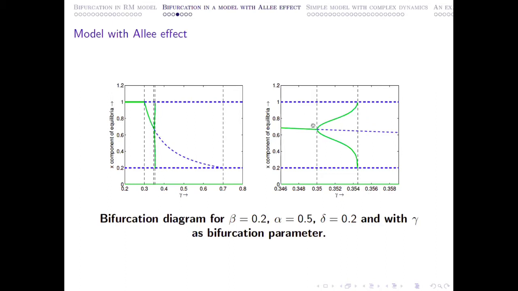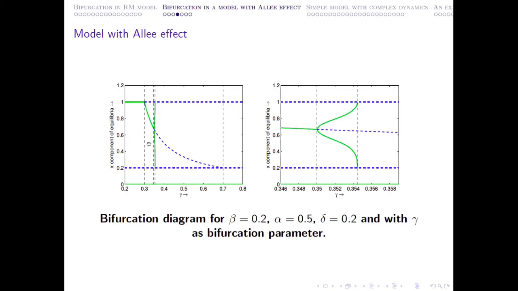So after this Hopf bifurcation, what is happening here? Here you can see a global bifurcation. That means this limit cycle disappears through a heteroclinic bifurcation, and then the coexistence equilibrium point continues to be an unstable equilibrium point, and ultimately it comes out to be this one and then disappears.